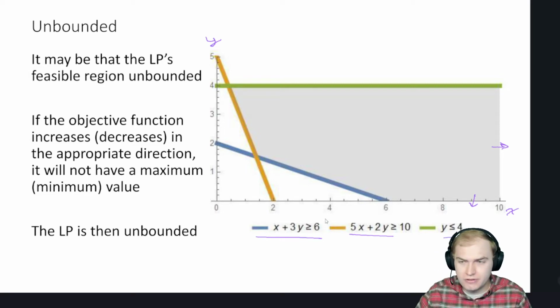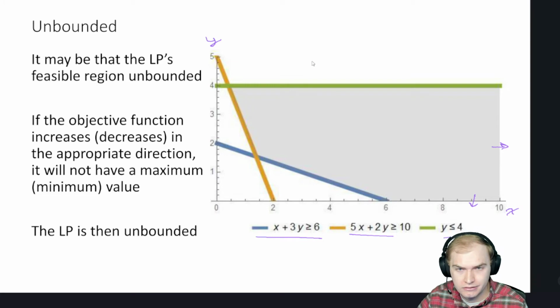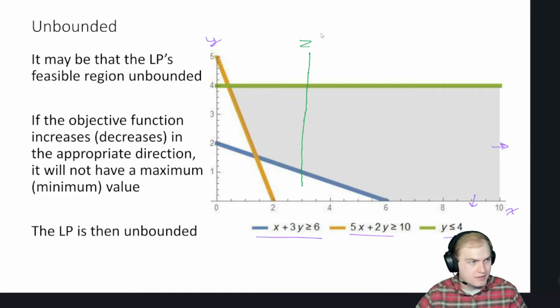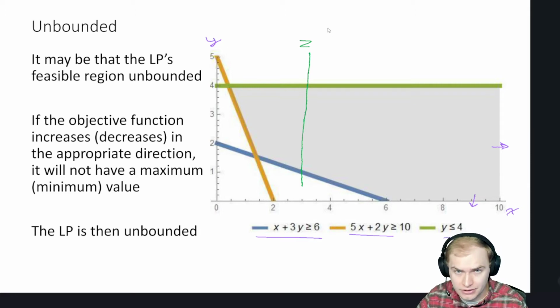Now, suppose that we have an objective function with this level set. So our objective function could be x. Let's do that.